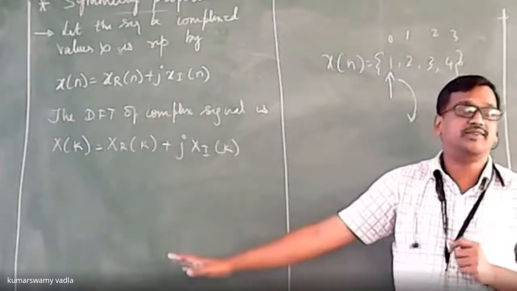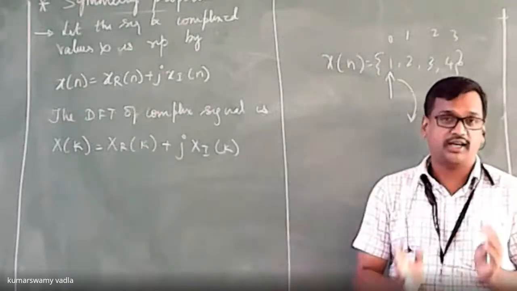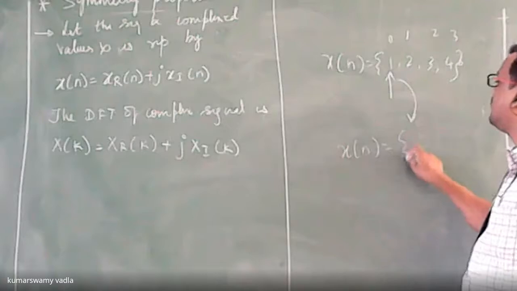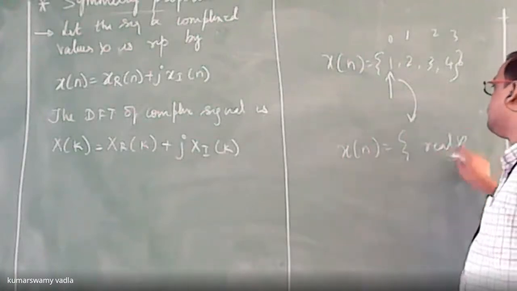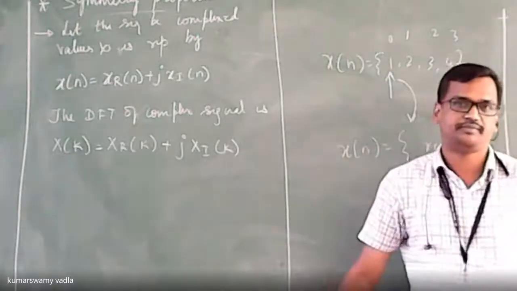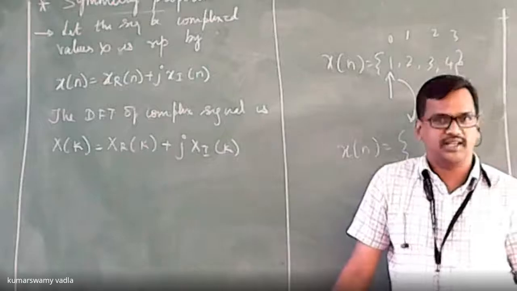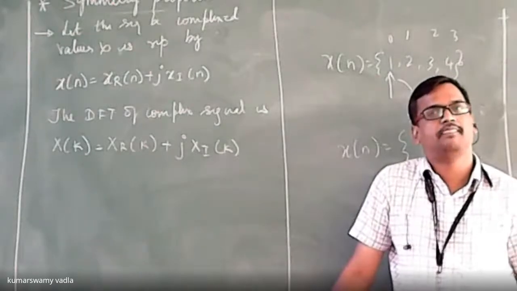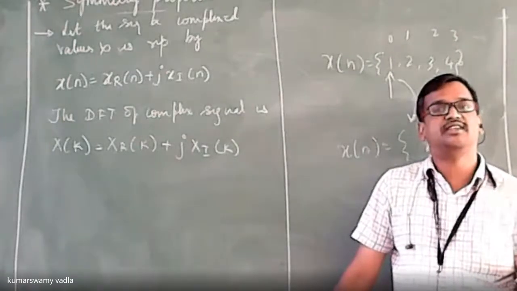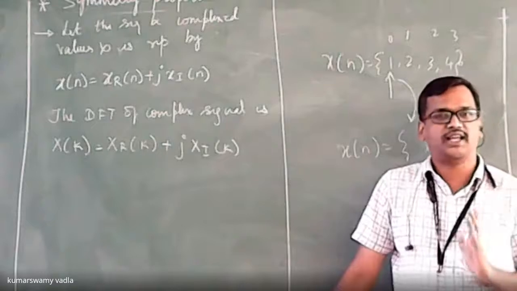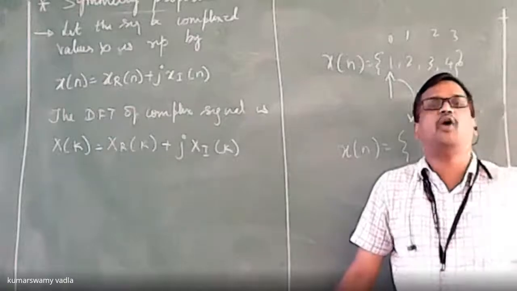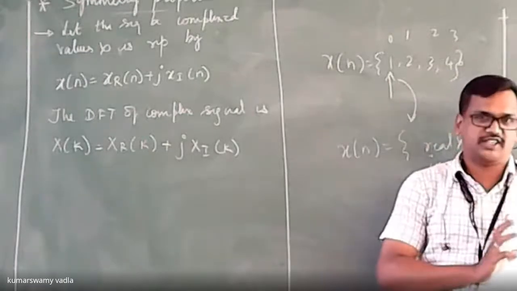Now, the derivation will tell you what if the given signal is a complex signal like this, having real and imaginary terms in the x of n itself. For such a complex signal, if I apply DFT, what will be its output is the point of discussion.